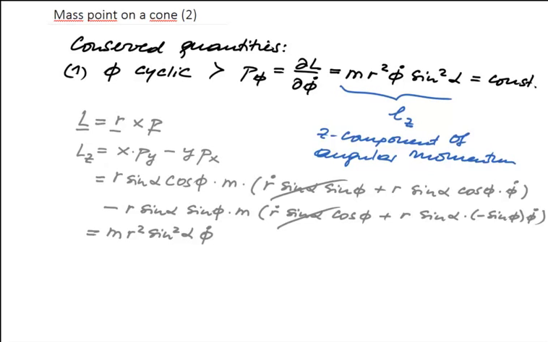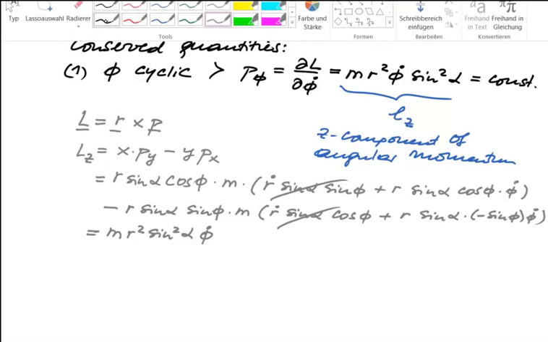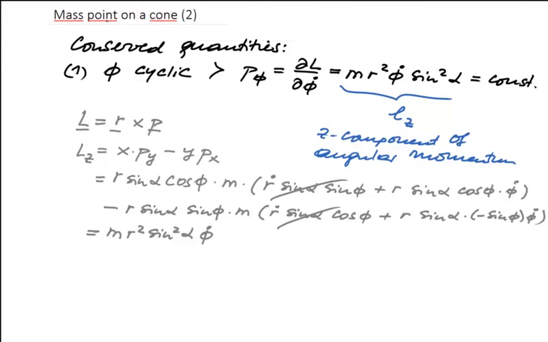So this is the conserved quantity. It has the physical meaning of the z component of angular momentum. And that is going to be useful for the solution of the equation of motion. What else could be a conserved quantity?